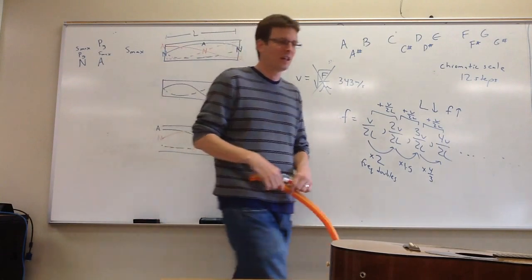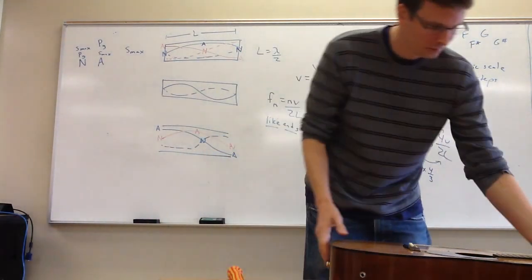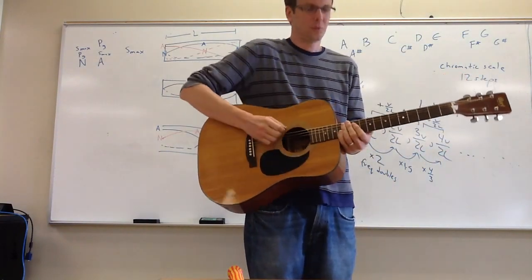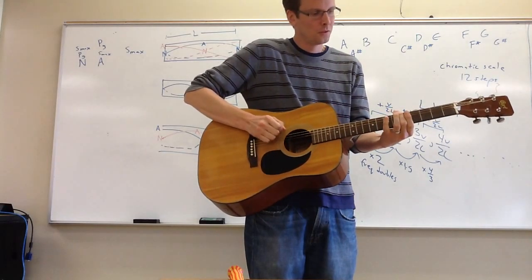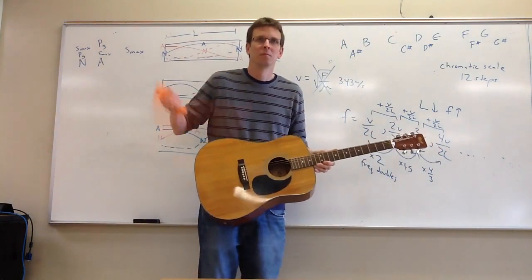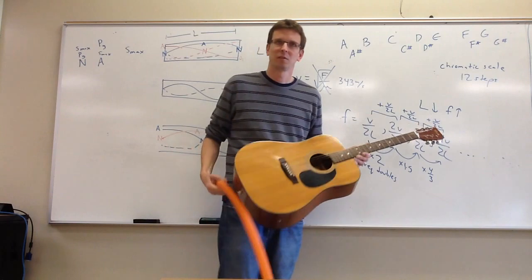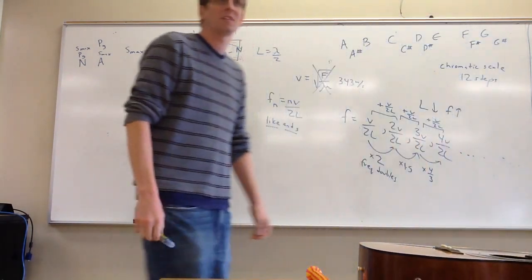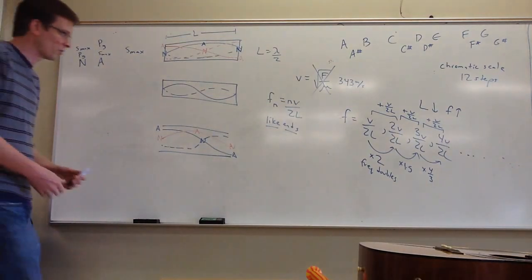It's the same progression as this, right? Start from about the same note. Right, same notes. You can make standing waves in air. That's what you're doing with any wind instrument.